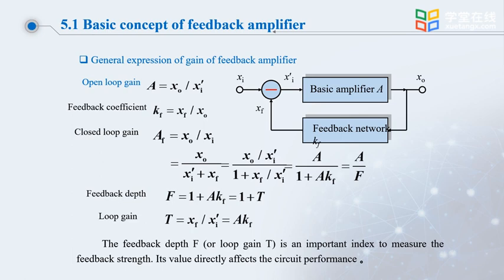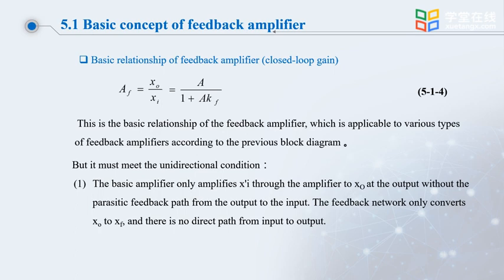Generally speaking, the deeper the feedback, the greater the F, which means the feedback network has a stronger impact on circuit performance. Let's take a look at how to calculate the feedback closed loop gain. Closed loop gain is defined as the ratio of the output Xout of the whole system to the input Xi of the whole system.